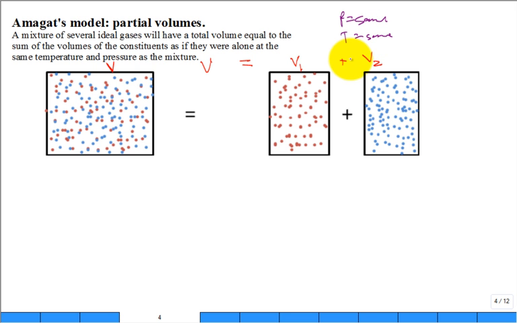And so the idea of the partial volumes is just like that, that you have V is equal to V1 plus V2, and you can show that Vi, the partial volume of a component, is equal to the mole fraction times the total volume.